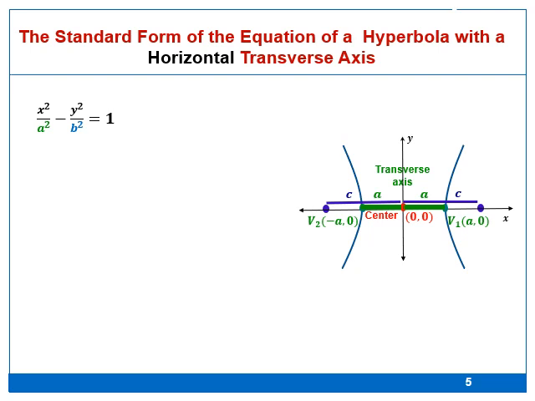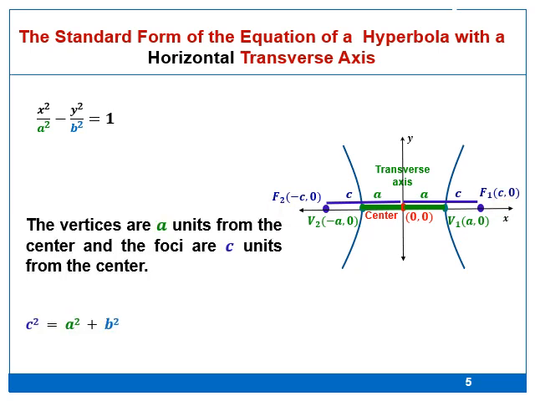The foci are equidistant from the center at the distance c. So the coordinates of the foci will be (c, 0) and (-c, 0). The relation between c, a, and b is given by c squared equals a squared plus b squared. If you remember, in the ellipse it was c squared equals a squared minus b squared, which was the bigger number minus the smaller number.